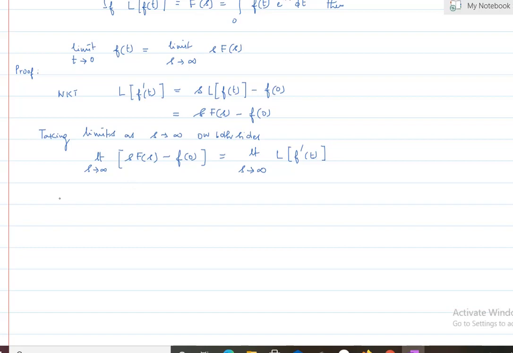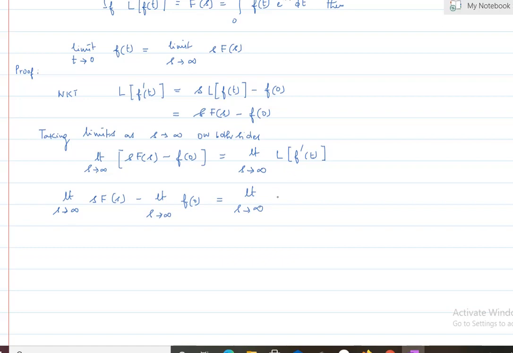By applying limit to both the terms of the left hand side, we get the limit s tends to infinity s into F of s minus limit s tends to infinity f of 0 is equal to limit s tends to infinity. We will write the value of L of f dash of t.